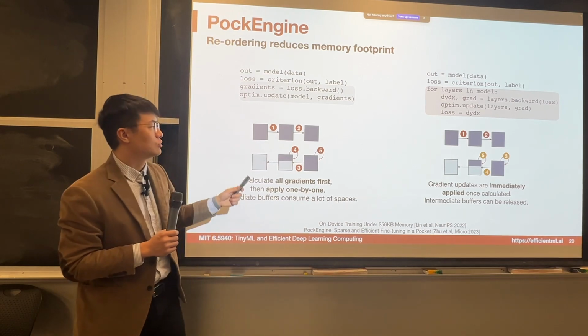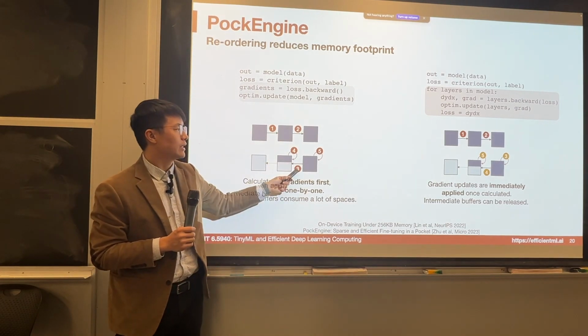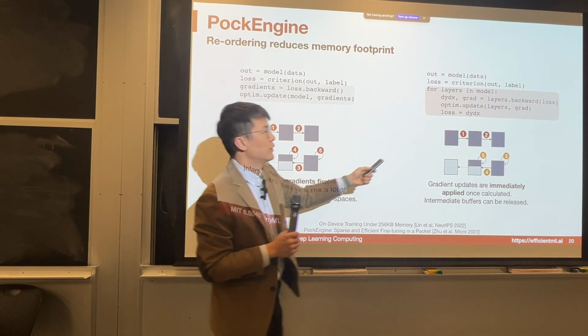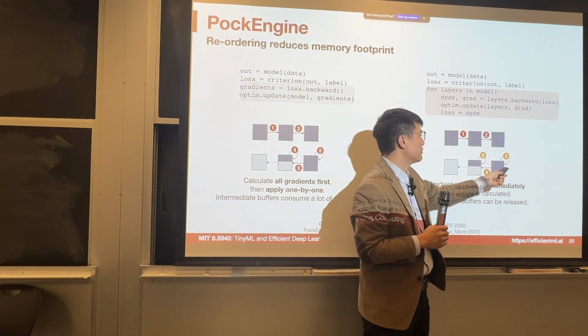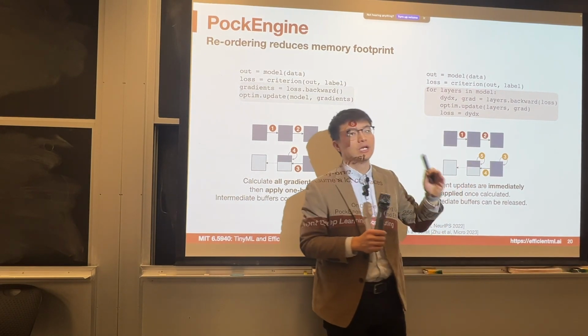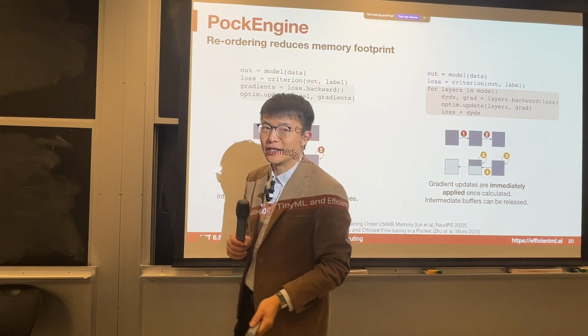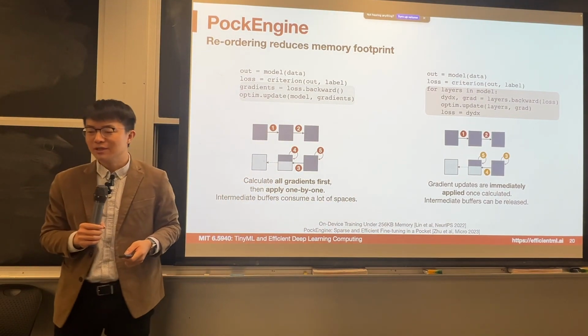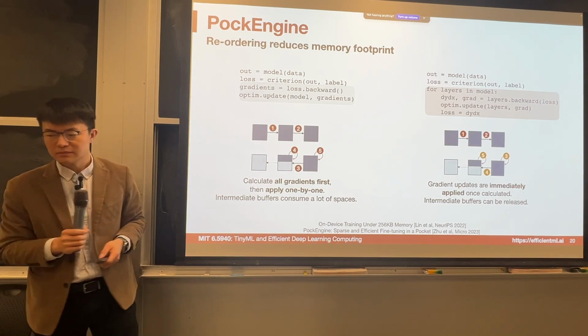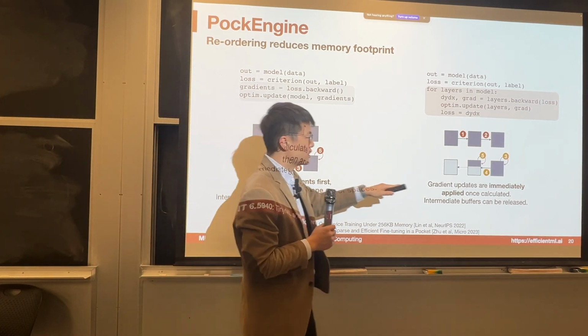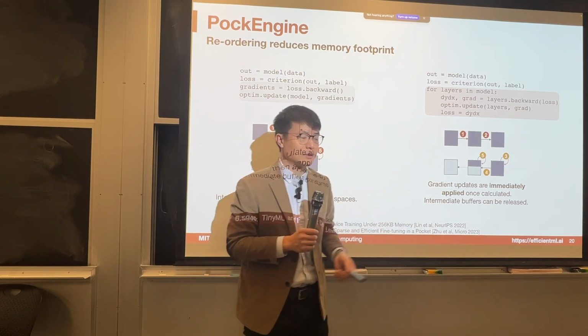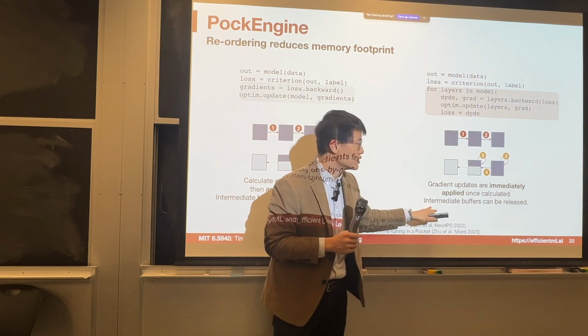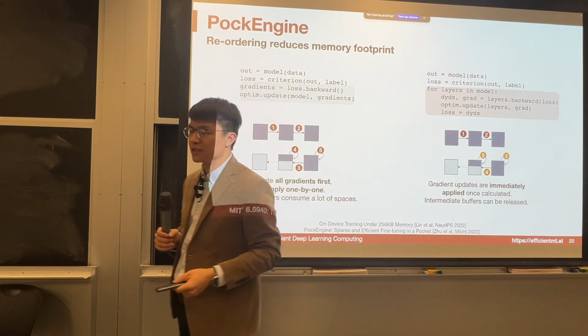So here, rather than 1, 2, 3 and then update, we want to do 1, 2, 3 and update, 4 and 5 and then update. The moment we calculate the gradient, we apply the gradient immediately. So gradient updates are immediately applied once they are calculated, and those intermediate buffers can be released.